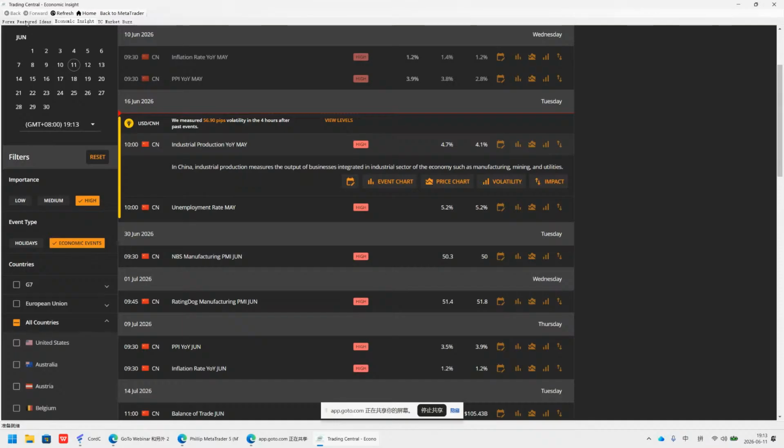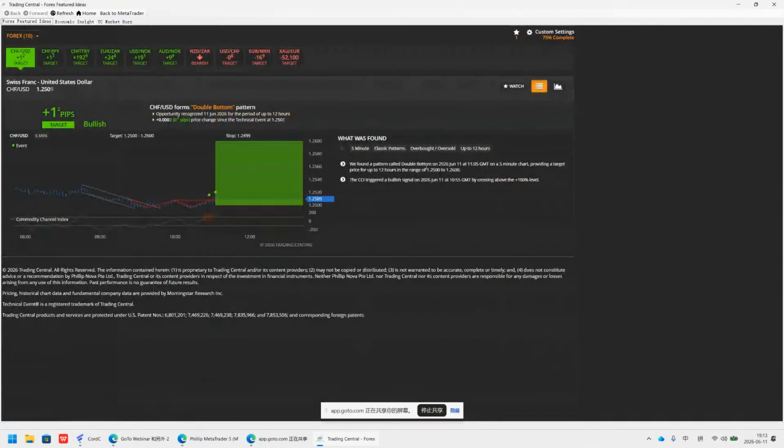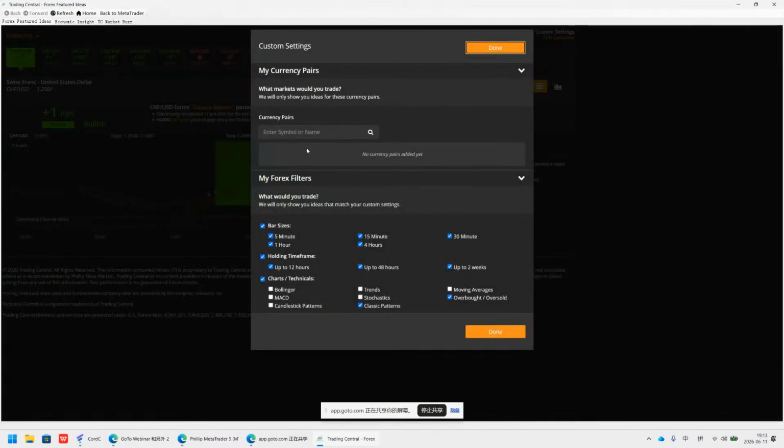Now let's move on to Forex Featured Ideas. This product can bring us live trade ideas detected by our award-winning pattern recognition. In the custom settings, we can choose different currency pairs, type the currency pairs we like in the search box, and add them to the list.